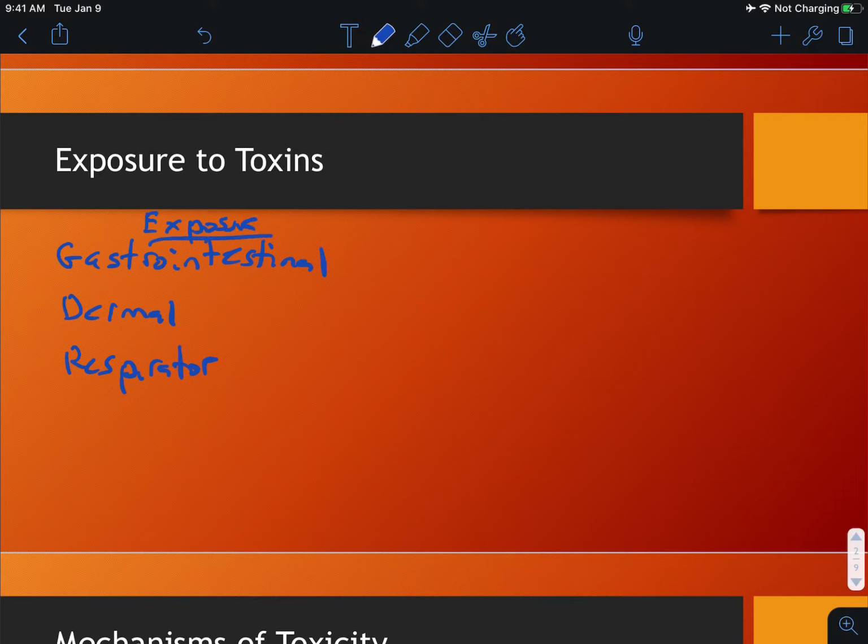So those are pretty straightforward. And then there's also the types of toxins you can have. So you can have respiratory toxins. I think I might have mentioned this in the slide section. Respiratory toxins. We have metabolic.